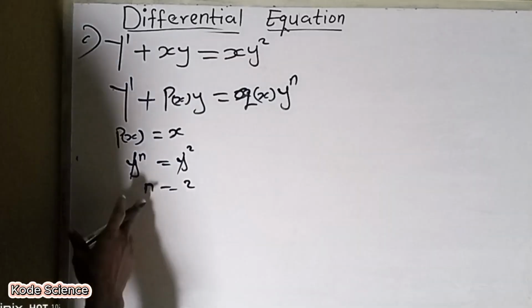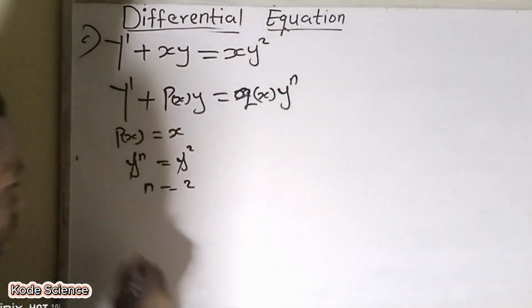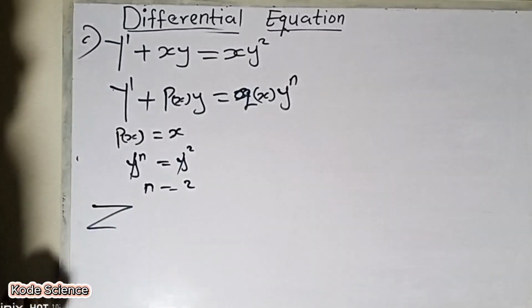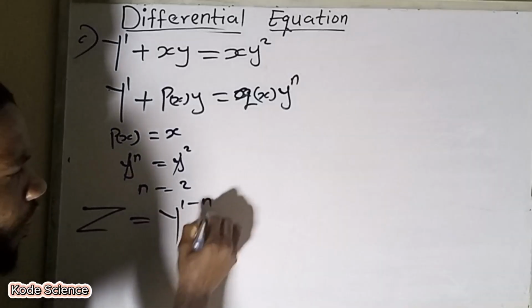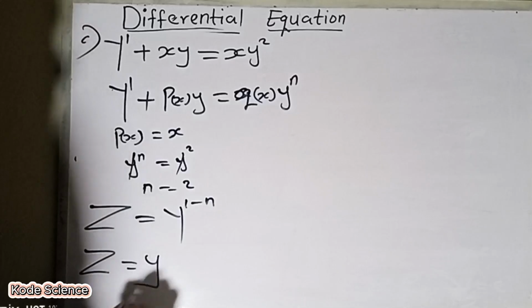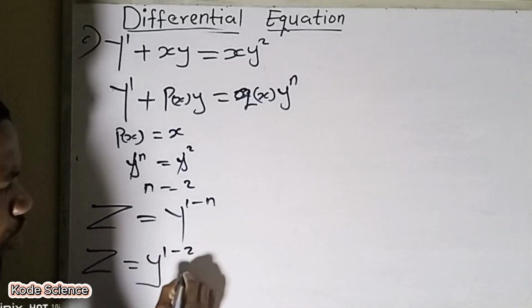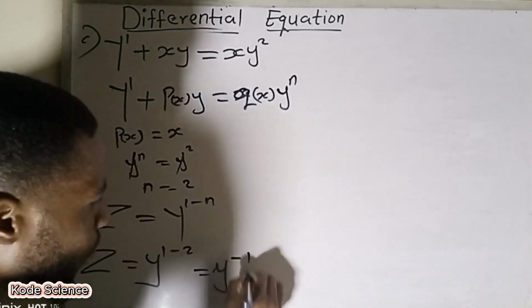Because we know that our n is equal to 2, we are going to look for a substitution. The substitution here is z is equal to y raised to the power of 1 minus n. Therefore, z is equal to y to the 1 minus 2, which ends up giving us y to the minus 1.